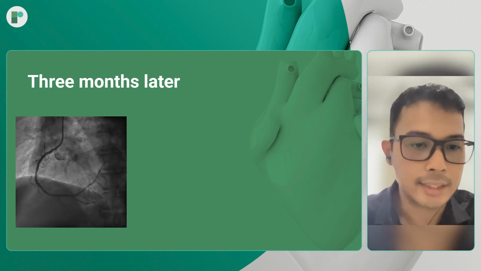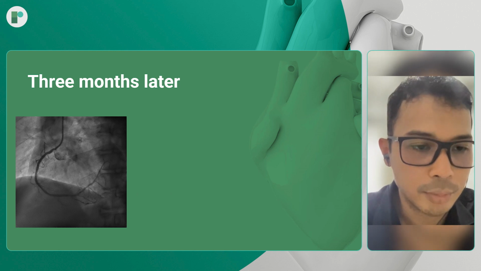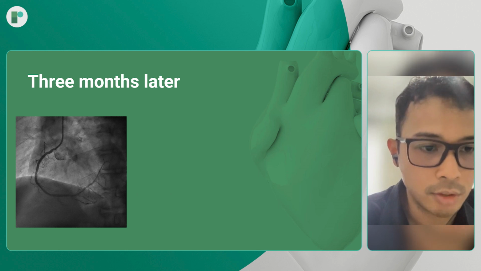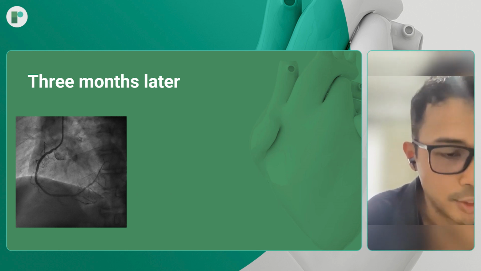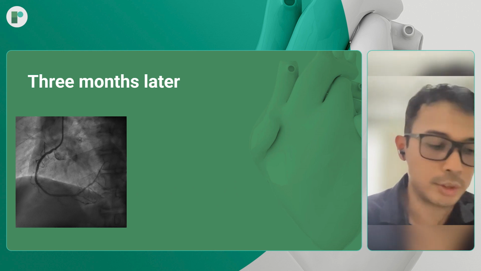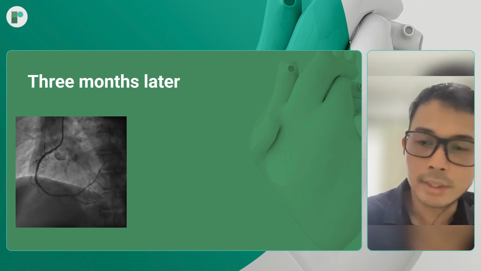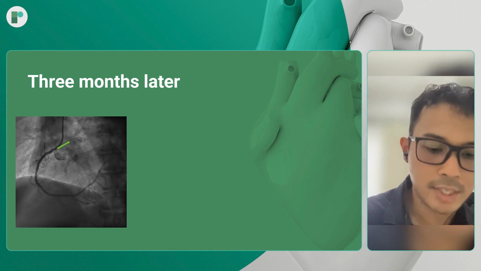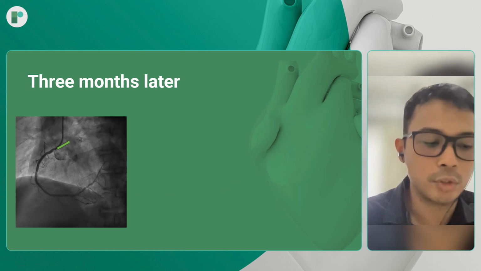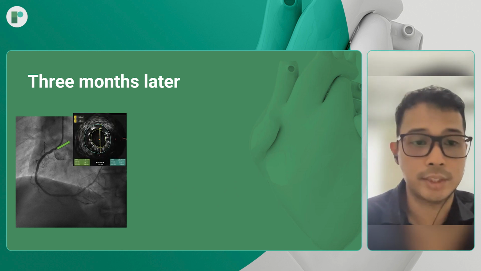But at this time, we decided to perform the PCI to resolve the problem on the ostial only, because we decided to leave the mid RCA because we already performed the cutting balloon in the previous procedure. So in this procedure, we used IVUS-guided PCI and planned to manage the stent protrusion effectively while minimizing risk.